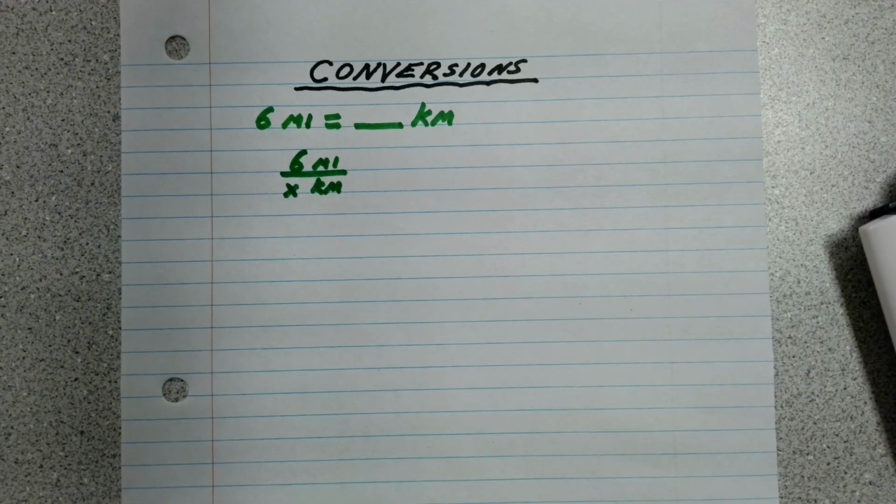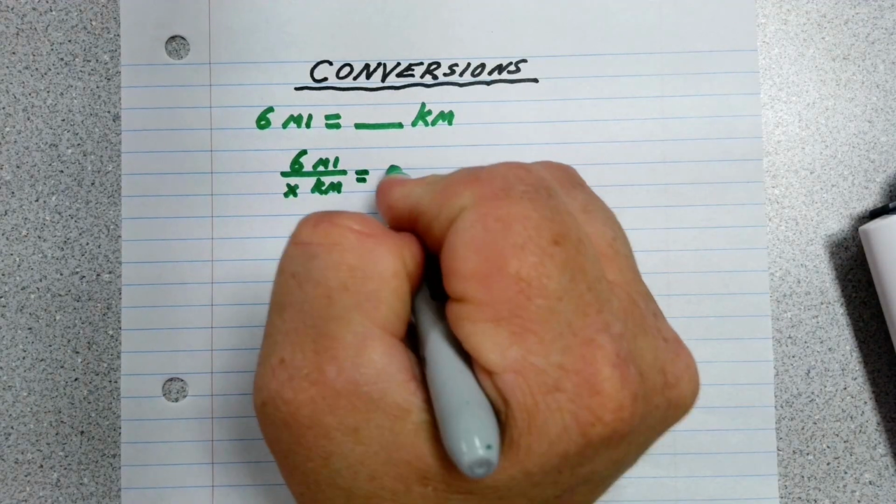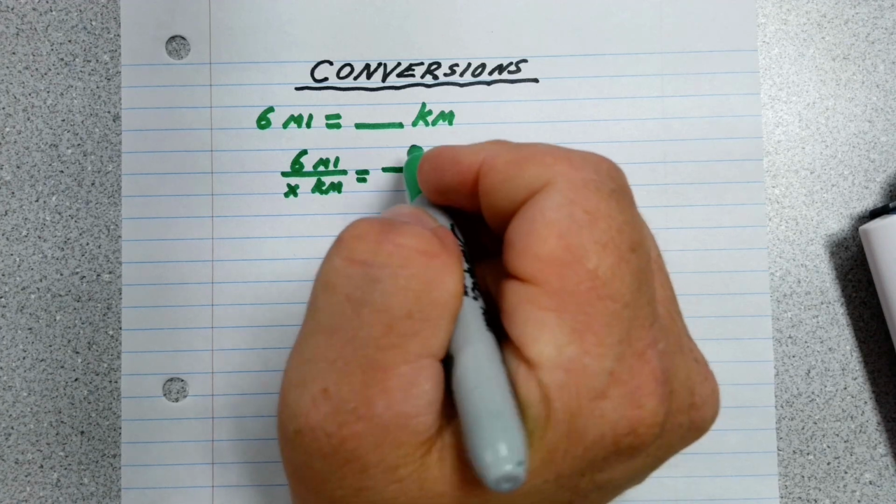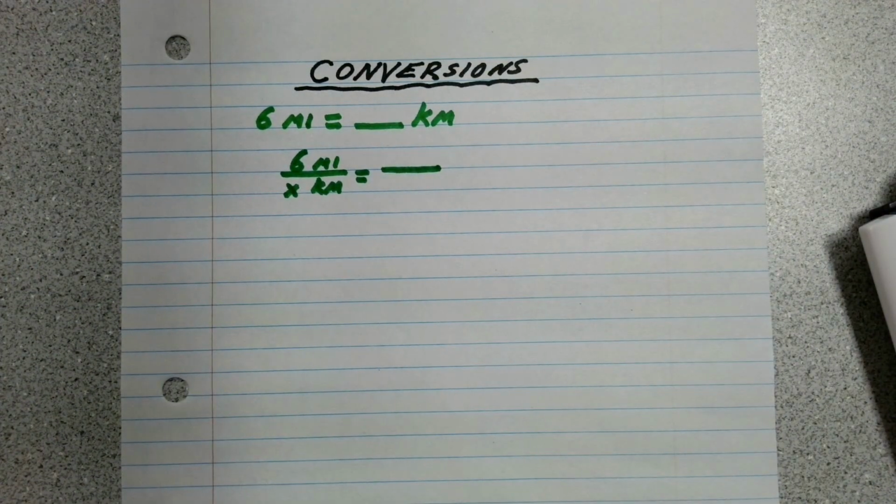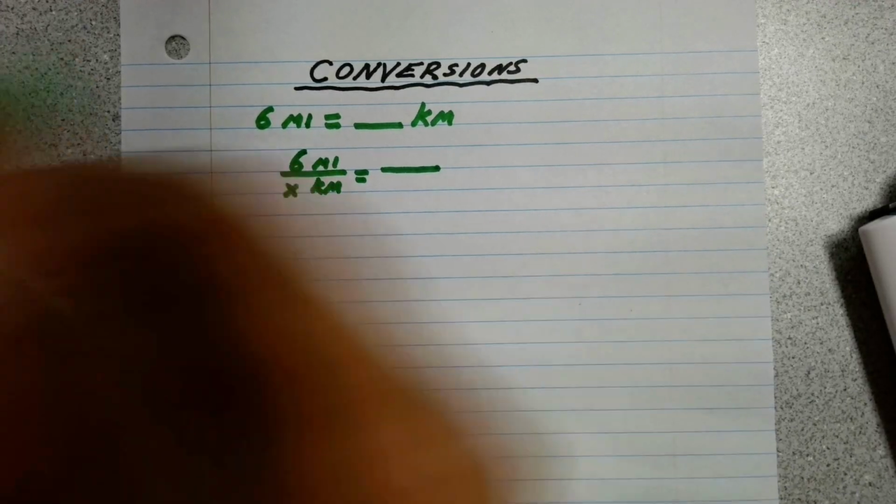Okay, so I'm going to do this a couple different ways. I can set that equal to a ratio that you have on your pink sheet of conversions of miles to kilometers. So does anybody see how miles and kilometers go together? 1 mile is 1.61 kilometers. Okay, good.